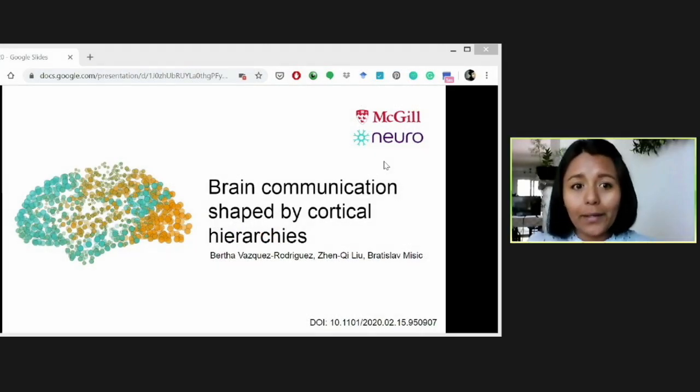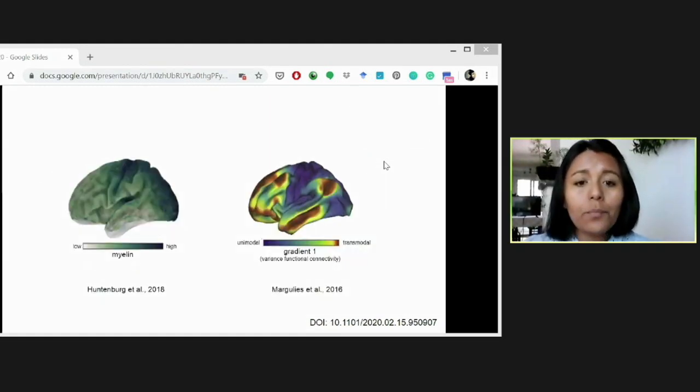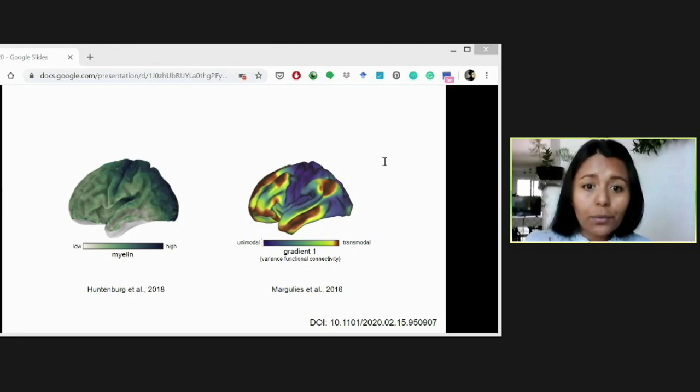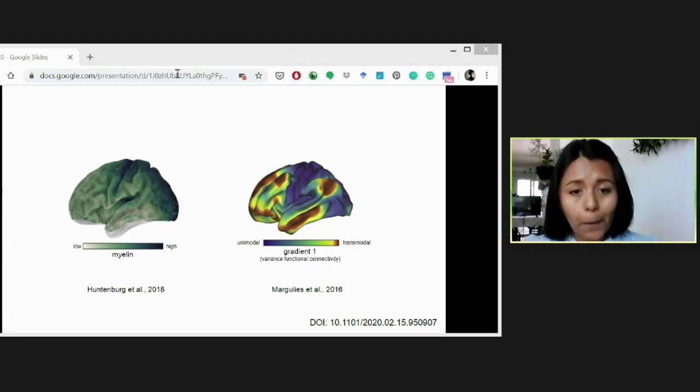Okay, I am Bertha, and I am here to talk to you about some results on how brain communication is shaped by cortical heritage. Based on previous research, it is known that the myelin content, the cortical thickness, and many other structural and functional properties change across the brain from sensory motor regions towards higher order areas.